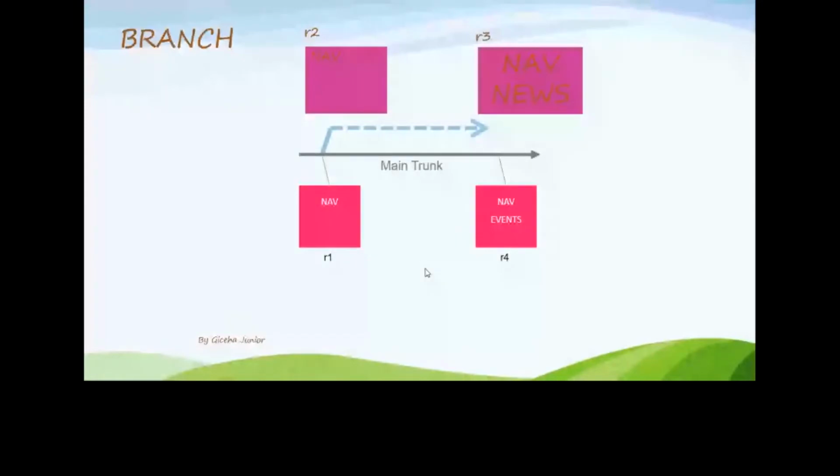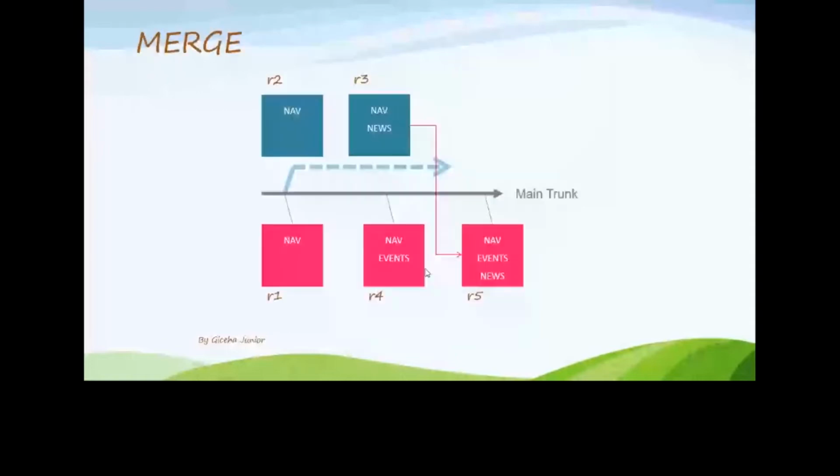We have merge. This is where you merge different branches. You have changes for this branch, then you want to merge to another branch to apply the changes you have made to the first branch. Then you have the conflicts.